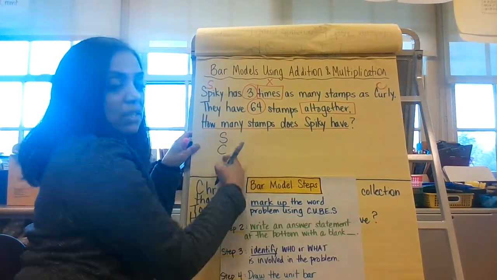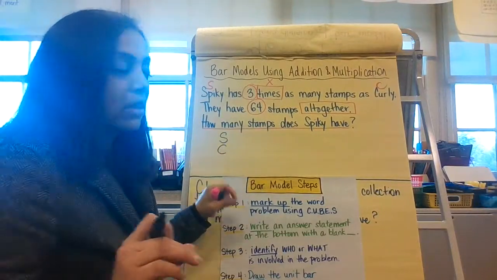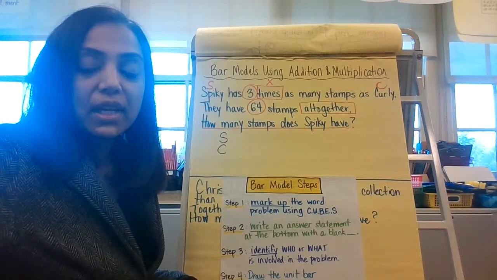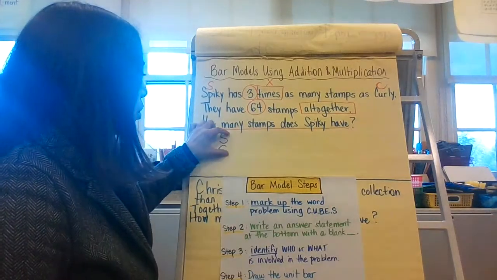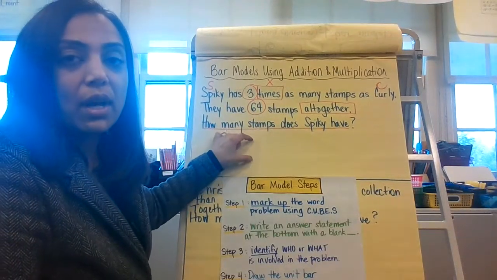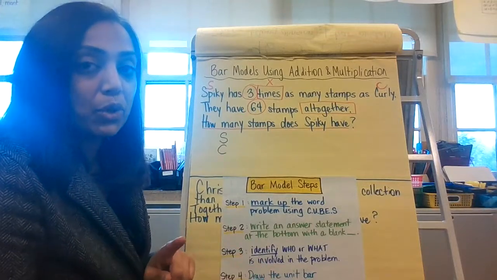I keep it tight because I don't want to put a big gap, because when I draw my bar models, they should be together. And then when I go to draw the unit bar, one of the things that I've shared with you in the classroom is to make sure that you show the bars so they are representing equal amounts for both people for the first step. And I'll show you why.